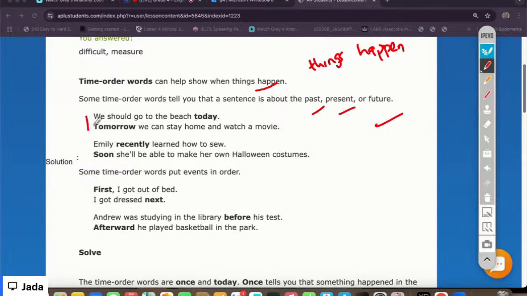Tomorrow we can stay home and watch a movie. So it's giving you the order in which things will happen.